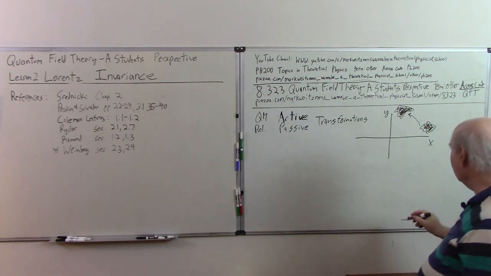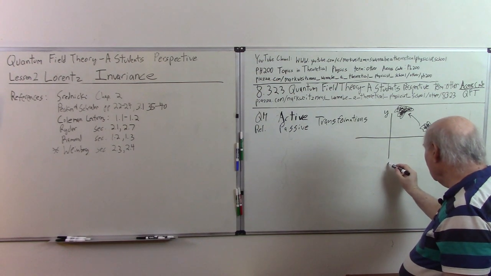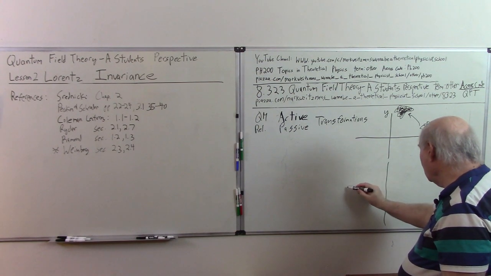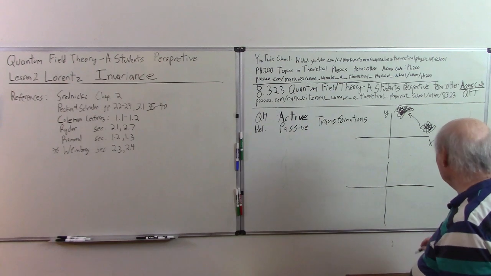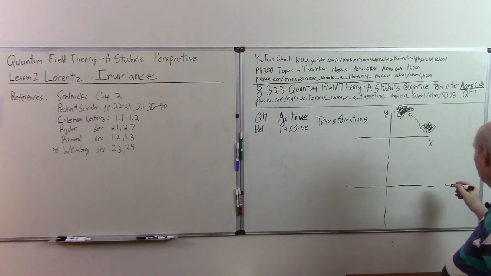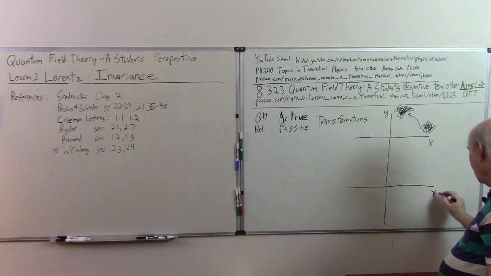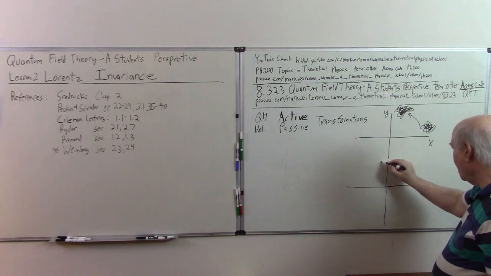A passive transformation, on the other hand, is the reverse. Let's call this x, y.